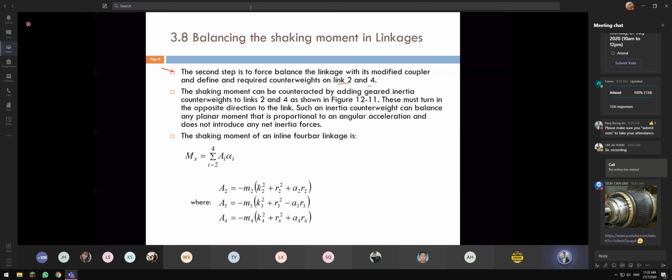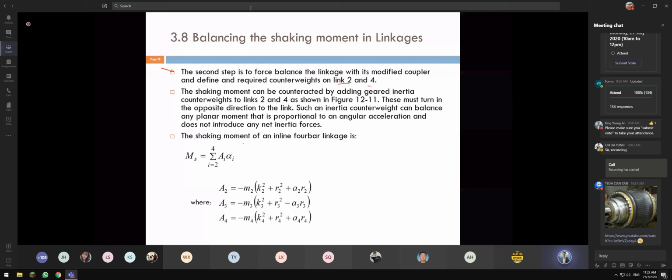This must turn in the opposite direction to the link. Such an inertial counterweight can balance any planar moment that is proportional to an angular acceleration and does not reduce any net inertial force.